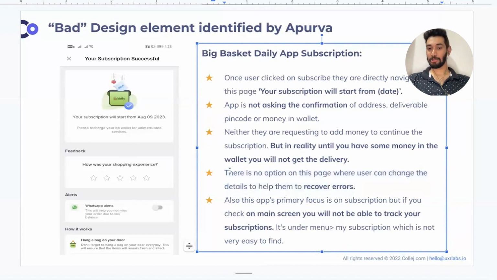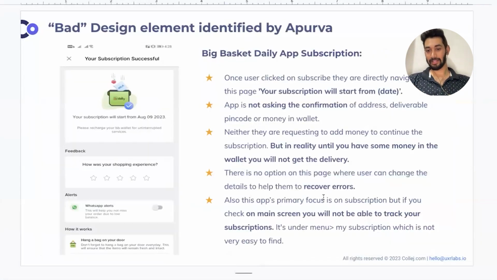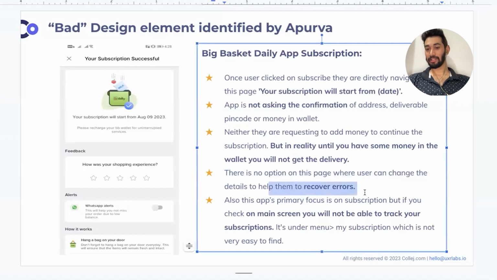This is something that will be faced by every single user who subscribes, so probability is high. The impact is also high because there is no way of helping the user recover from any error apart from closing the page or closing the application altogether.